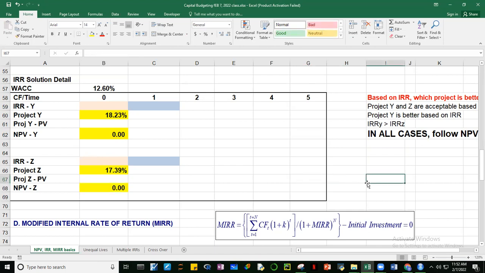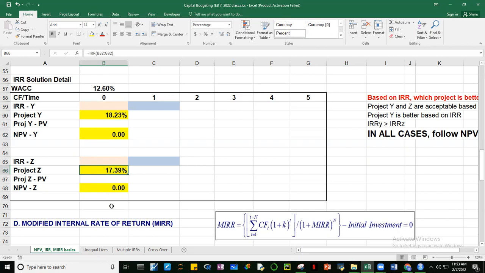Okay. So IRR of Project Y is 18.23%. IRR of Project Z is 17.39%. And we were able to prove that for Project Y, IRR is 18.23%. The NPV at that rate is 0. Ganun din kay Project Z. Ang IRR ni Project Z, 17.39.